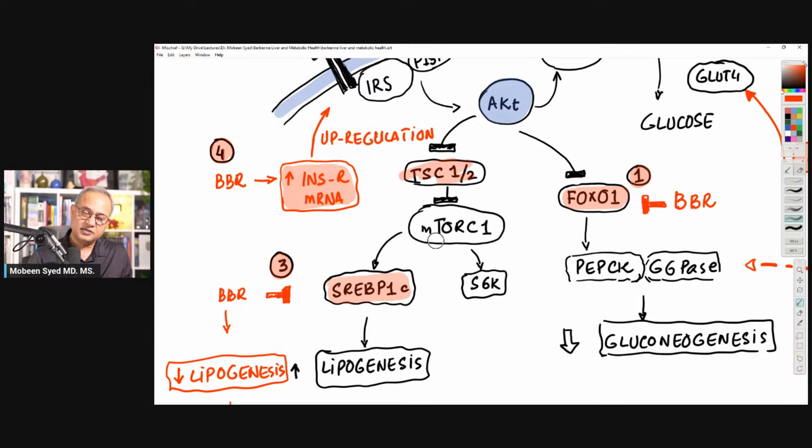These proteins usually keep the mTORC1 enzyme blocked. When insulin blocks TSC, then mTOR becomes disinhibited. There is no one to stop it from functioning. It says, all right, now I'm free, I can go do whatever I want.